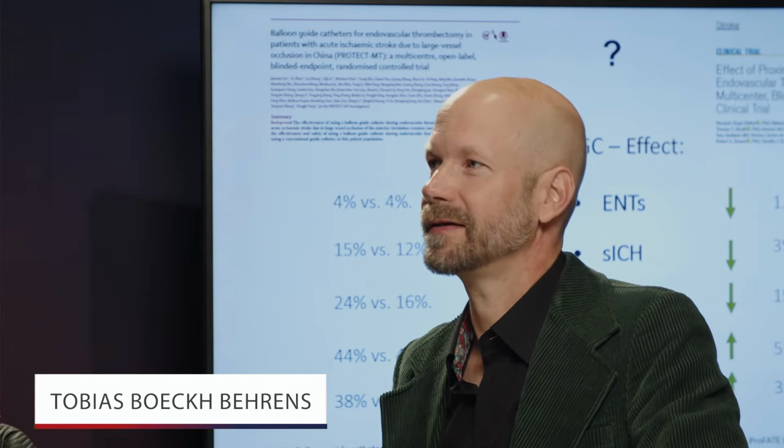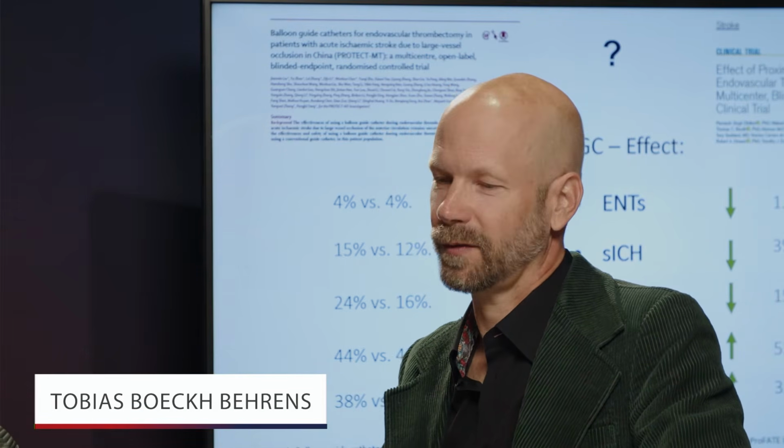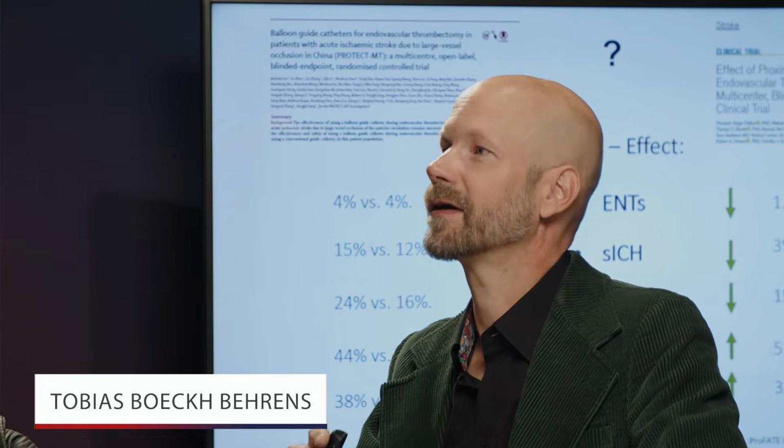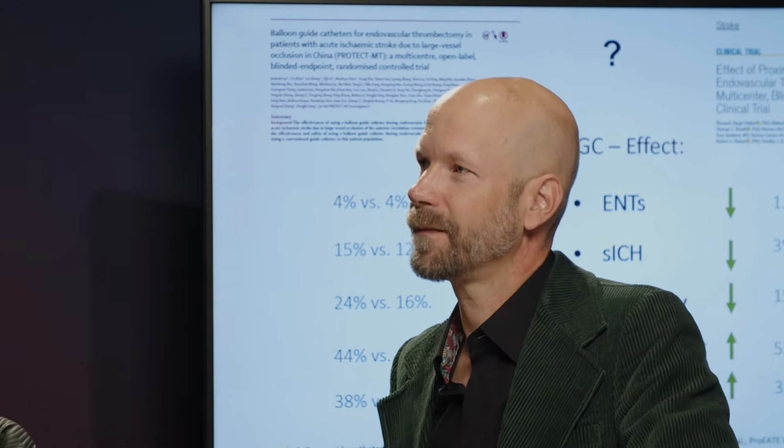They just recommended to use the balloon guider in the low cervical position. So it was recommended even in the trial itself to place it in a proximal position and not distal. And for the conventional guiding catheters, it was recommended to place it as distally as possible. So this is one of the possible explanations.